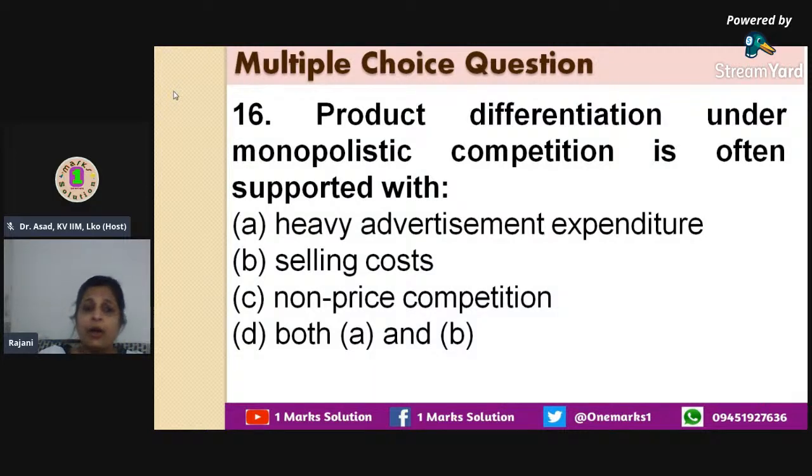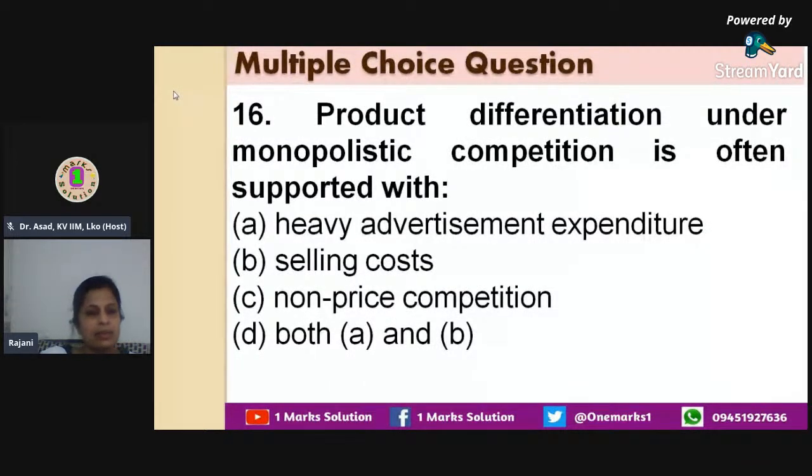They can adopt not only advertisement expenditure, they can adopt different strategies to attract consumers. The main thing is advertisement, and they can adopt other strategies also to attract the consumers.